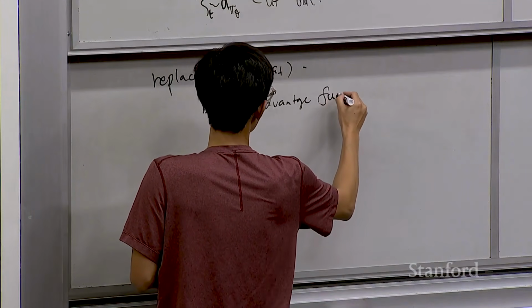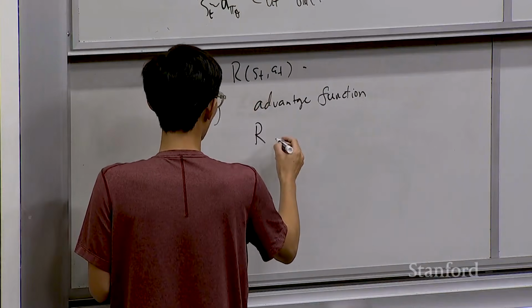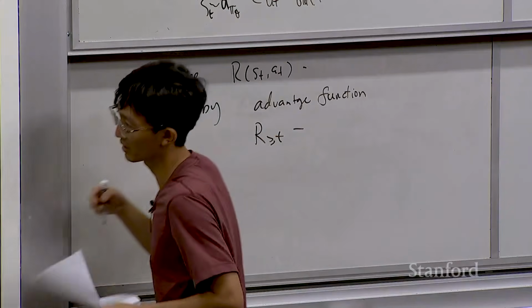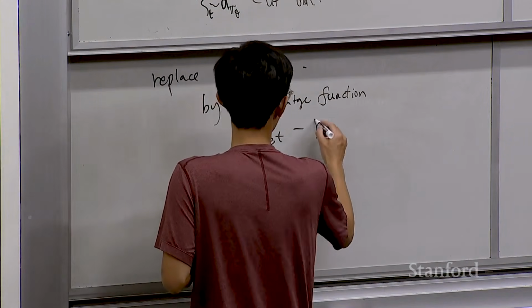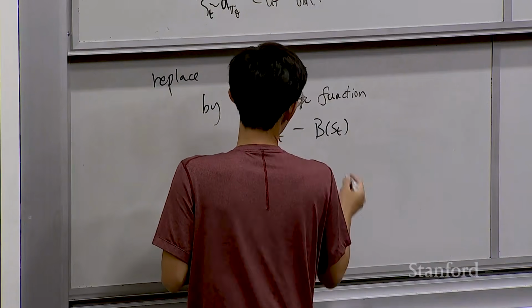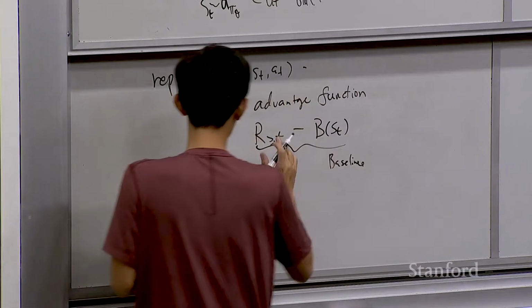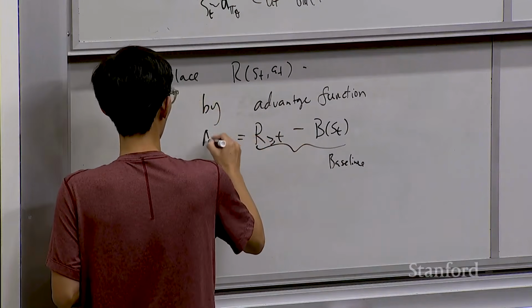The advantage function, which we didn't formally define, you can think of as something like the reward to go minus some kind of baseline. So this is the baseline, and this is the reward to go. Let's call this A hat t.